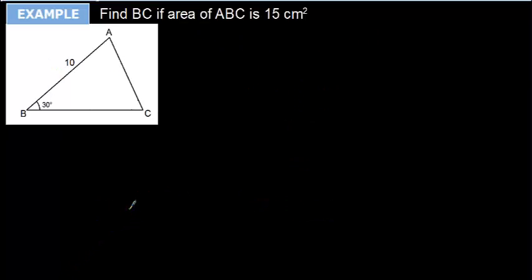Okay, this time the area is given as 15 and they are asking us to find the A value. So the formula for the area of ABC is 1 over 2 times A times C. When you use two letters, it's going to be sine of B, which is not here, and A and C is here.